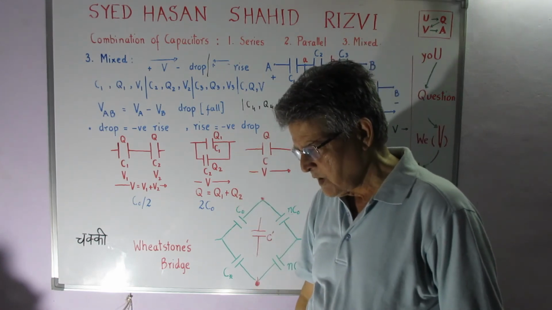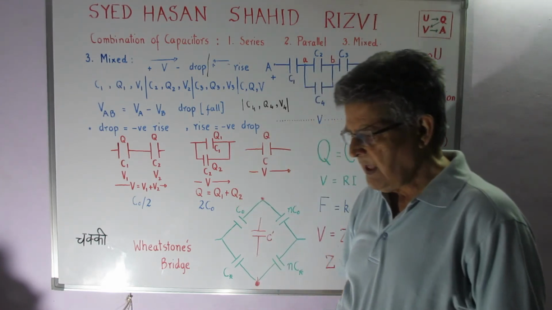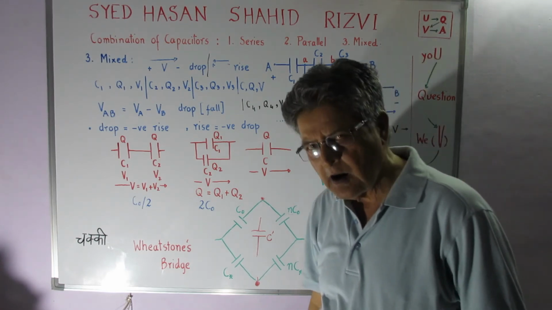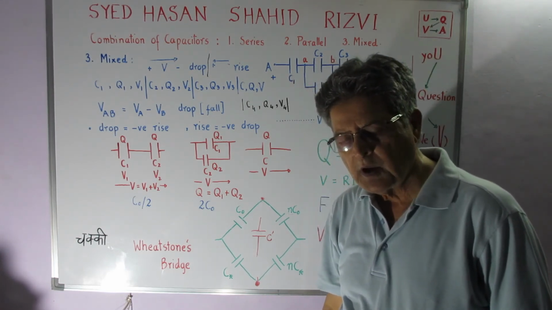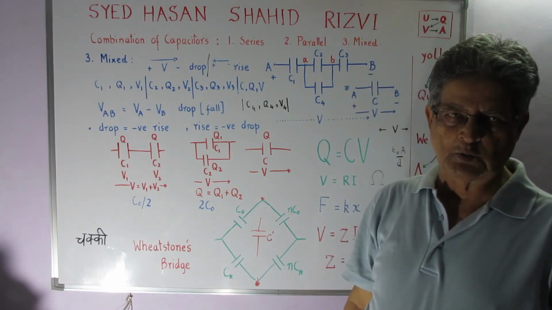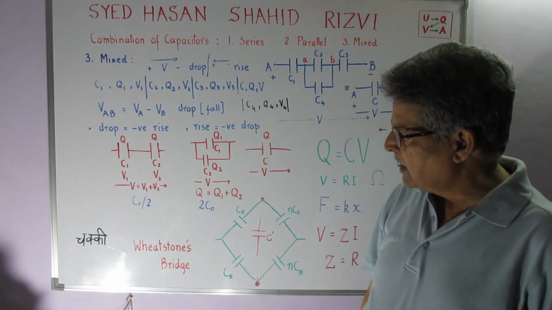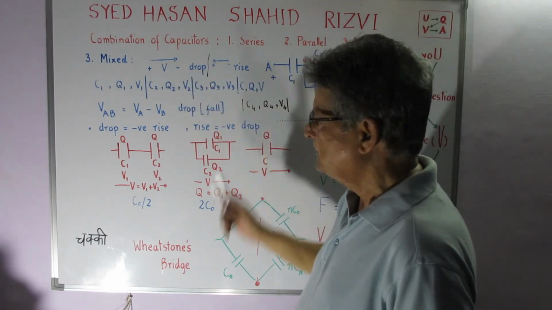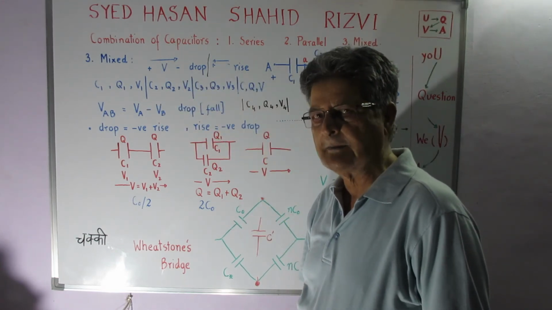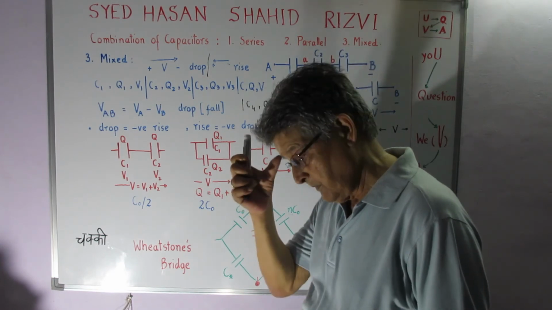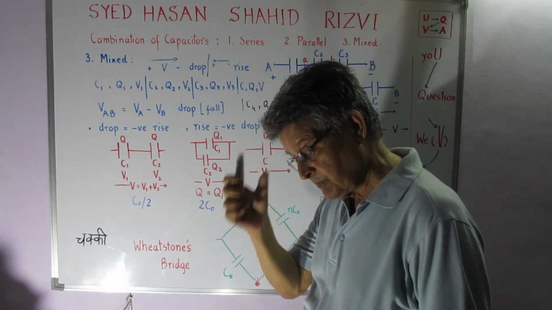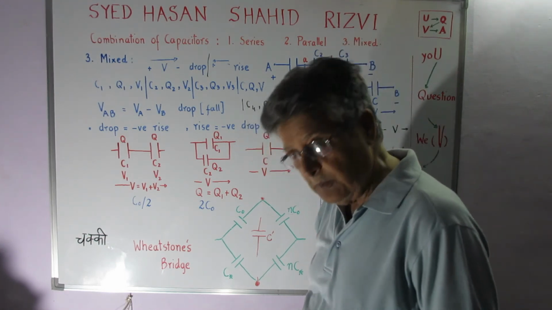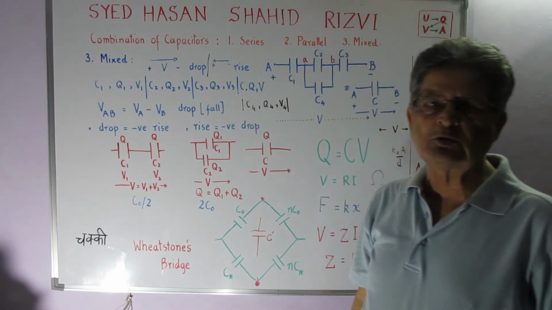And one thing is there, that these capacitors, individually or in any combination, are not going to obtain this set of values immediately. It will take some time before they settle to the steady state.